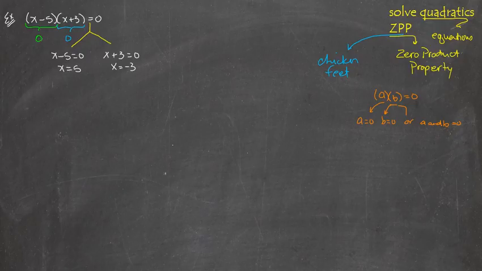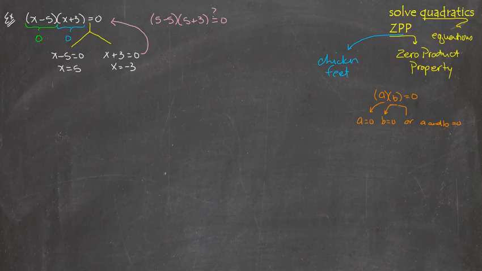Now let's test these. Let's check and see if this is true. We're going to check the same way we always do. I'm going to plug in 5 first. So 5 minus 5 times 5 plus 3 equals 0.